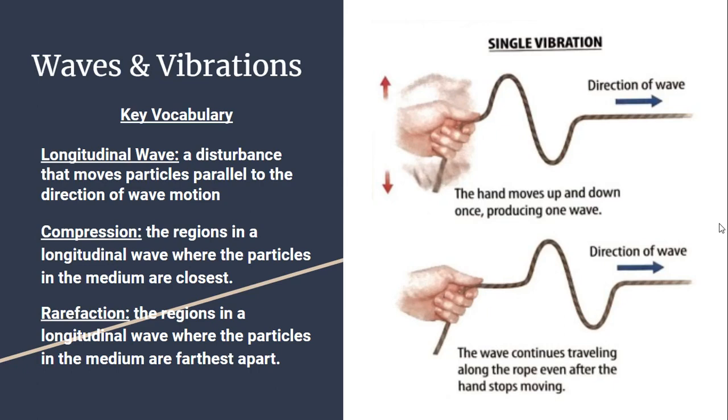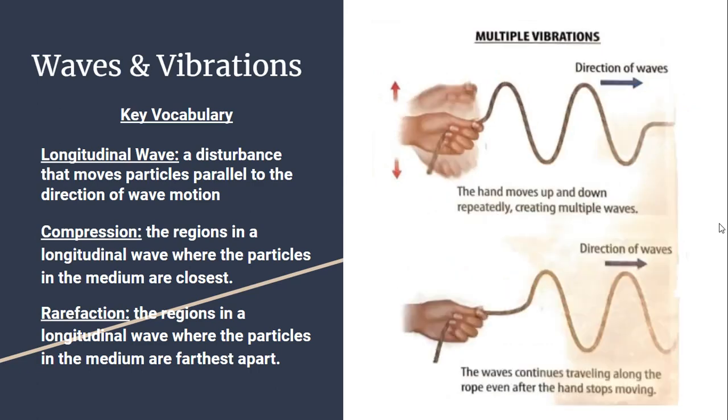When you stopped moving your hand, the waves stopped being created, but the existing waves still continued to move down the rope. And if you moved your hand up and down multiple times, you got more and more waves in the rope. But the same thing happens.